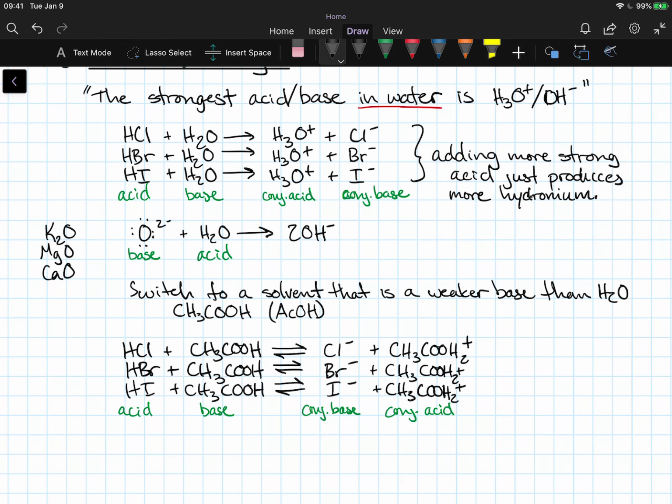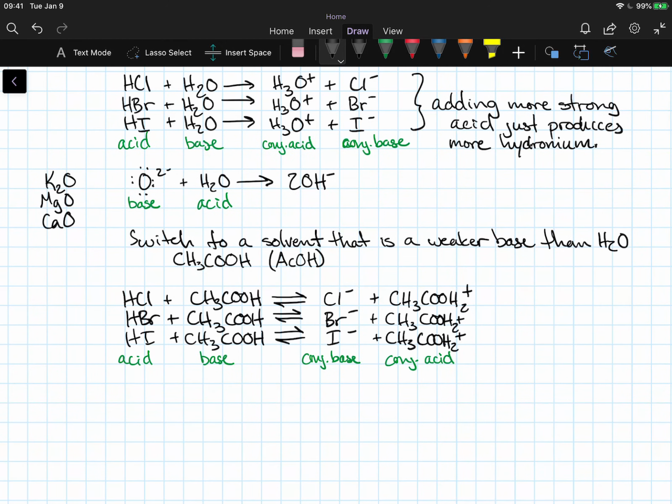And so what we really need to look for is the difference in the three conjugate bases. One thing that we looked for in this case was which one is the most stable, which one is happiest with that negative charge. That's going to be able to carry that negative charge, and it means the acid is going to dissociate more in that direction. So if we just look really quickly, I- is a very large ion.